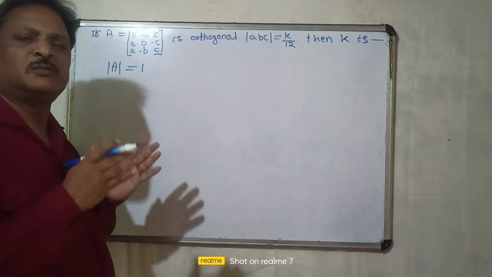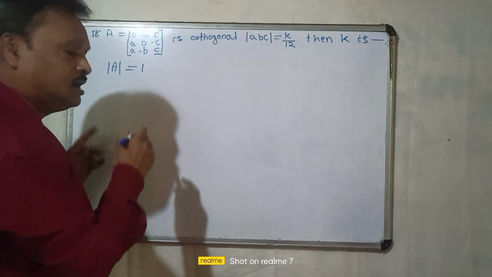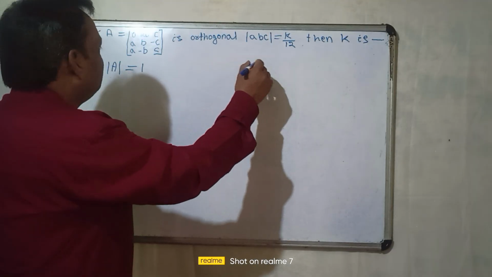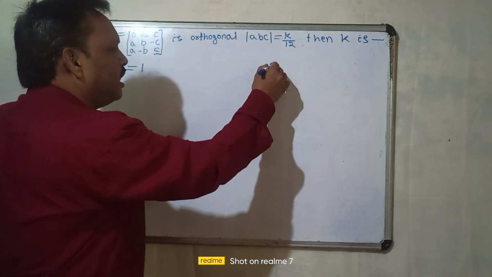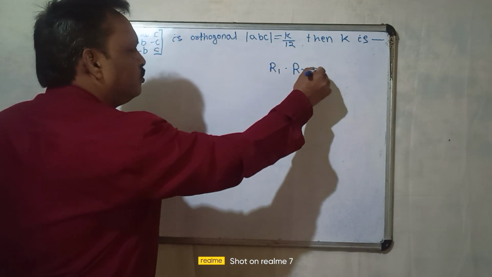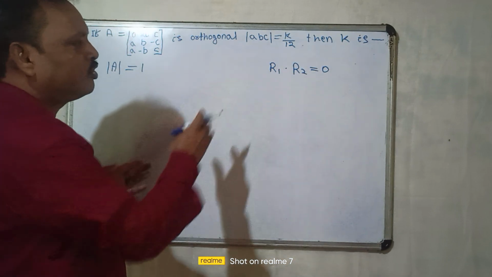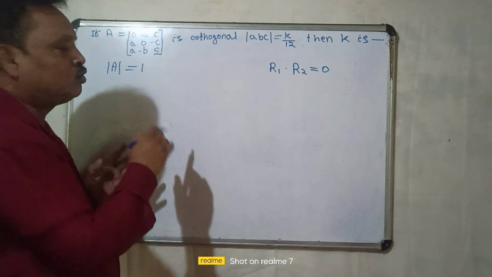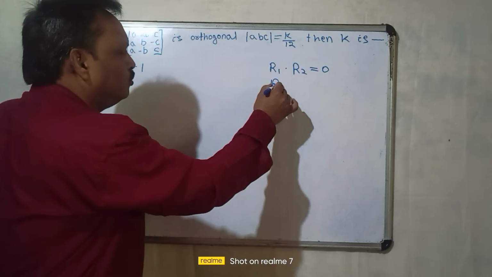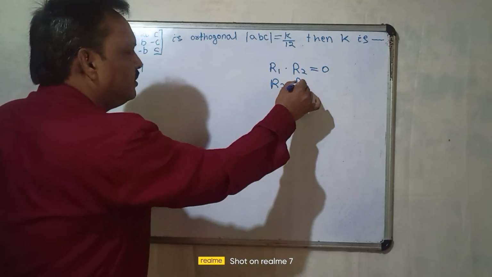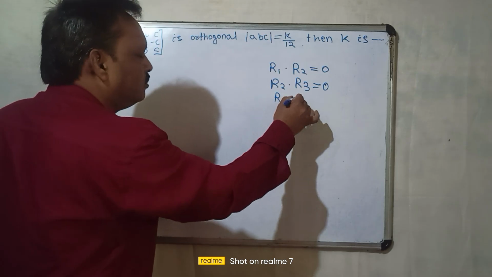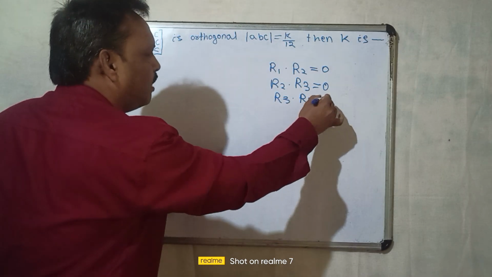Now, we know the basic property of an orthogonal matrix: R1 dot R2 is equal to 0, meaning the dot product of row 1 and row 2 equals 0. Similarly, row 2 dot row 3 is equal to 0 and row 3 dot row 3 equal to 1.